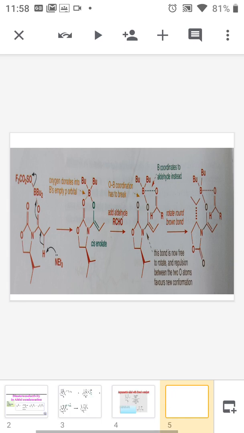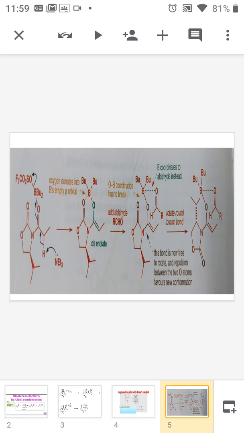Now we are moving into the mechanism. First of all, a heterocyclic ring which acts as a chiral auxiliary is coupled with our ketone, and as we said earlier, borane and NEt3 act as the base. NEt3 picks up one of the hydrogens and easily forms an enolate, and this enolate couples with Bu2B.